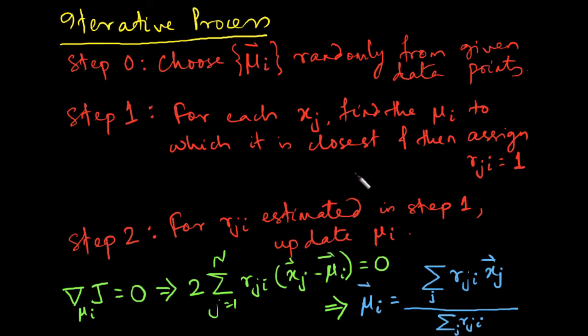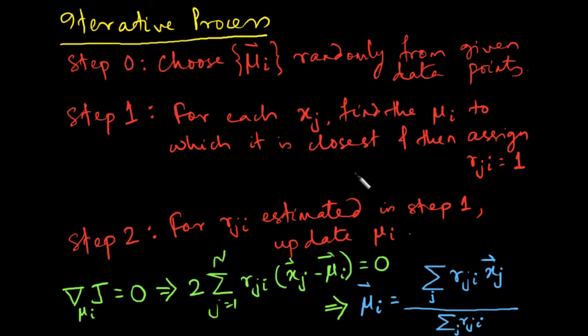As I have been saying, convergence of the k-means clustering algorithm is guaranteed, but it could converge to a local minima. Because the cost function landscape is non-convex, you do not know exactly whether it will converge to a global minima or not, but convergence is definitely guaranteed.